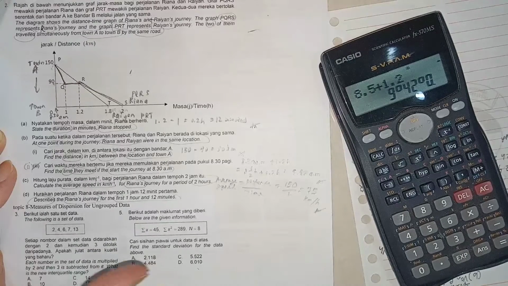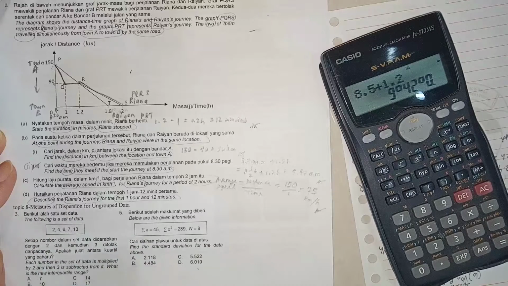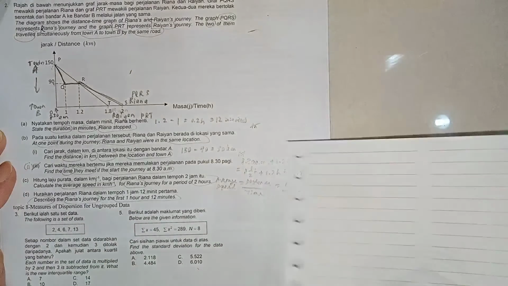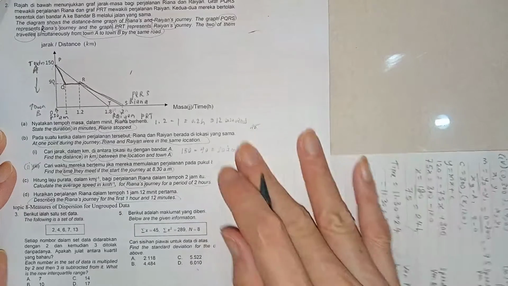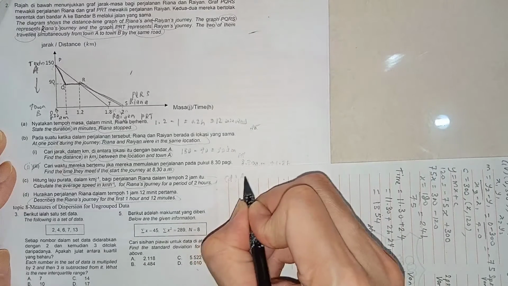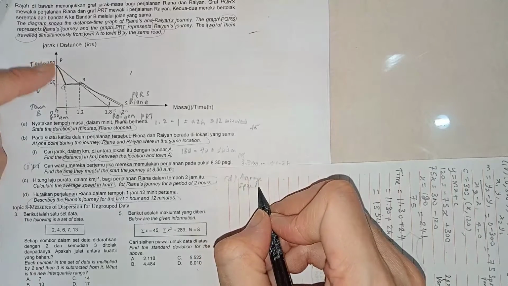So you must have time, distance, speed, only then you can describe. Let's say I want to find average speed for PQ.